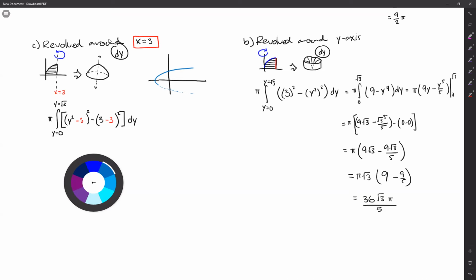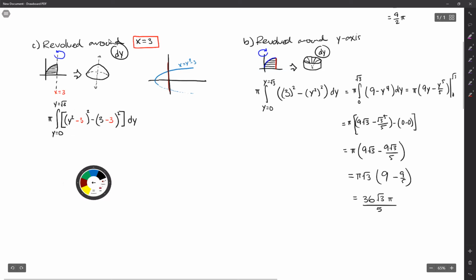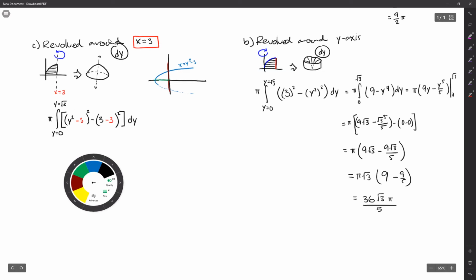And so this is our pretend curve, x equals y squared minus 3. And 3 minus 3, well, that's just x equals 0, which would be here. And we still have the same curve here. So our shape essentially becomes just the same shape, just over here.